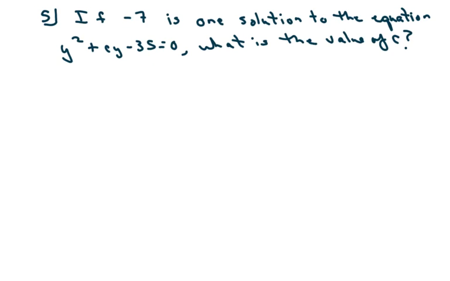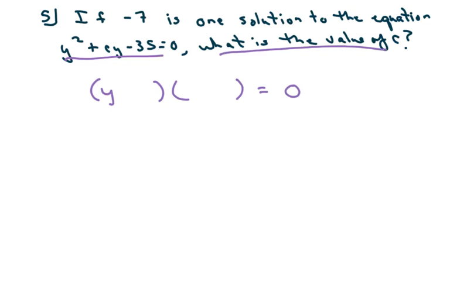All right, so it says if -7 is a solution to this equation, what is the value of C? So basically I want to factor this. Put the y. And one of my solutions is -7. So that's minus a -7, which is plus 7.